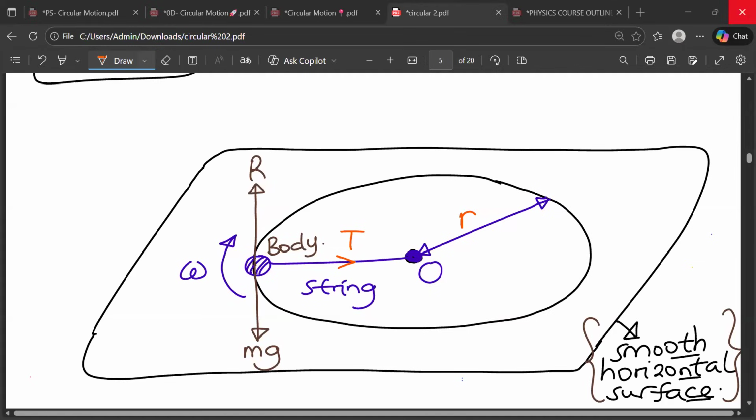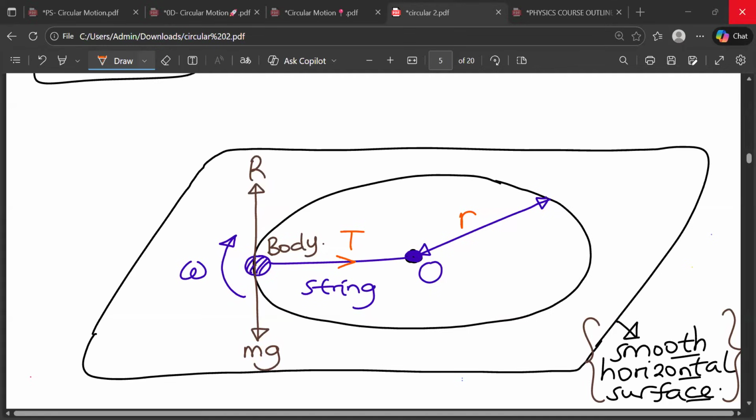So when a string is holding a body, it is stretched, hence it will experience tension. And because we are dealing with circular motion, which must be maintained, our tension should act towards the center, just like centripetal acceleration and centripetal force.